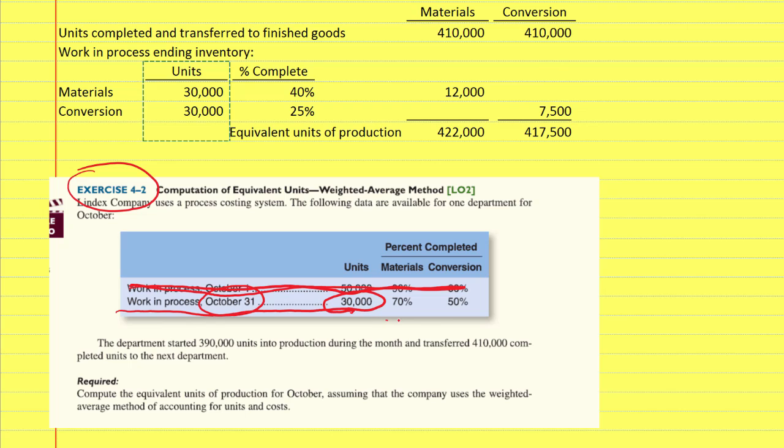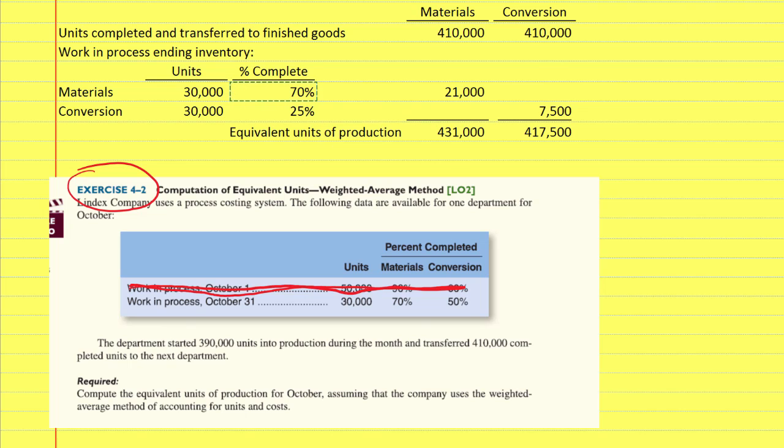And those units have 70% on average of their materials. So let me drop that in right up there for the percent complete with respect to materials. 70% for exercise 4-2. Get rid of some of the clutter there.